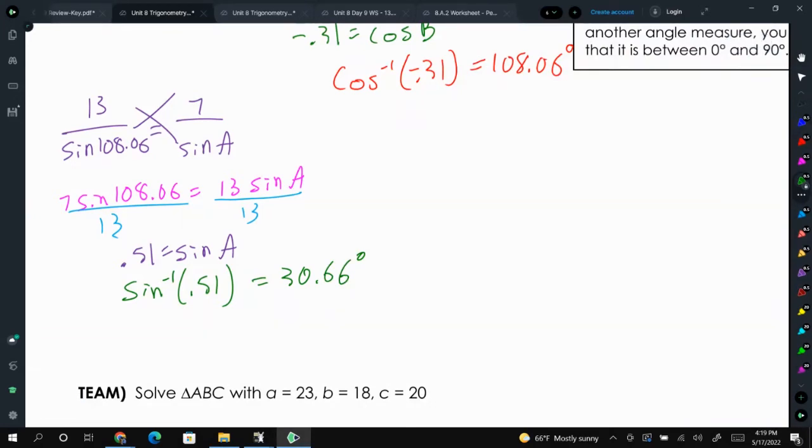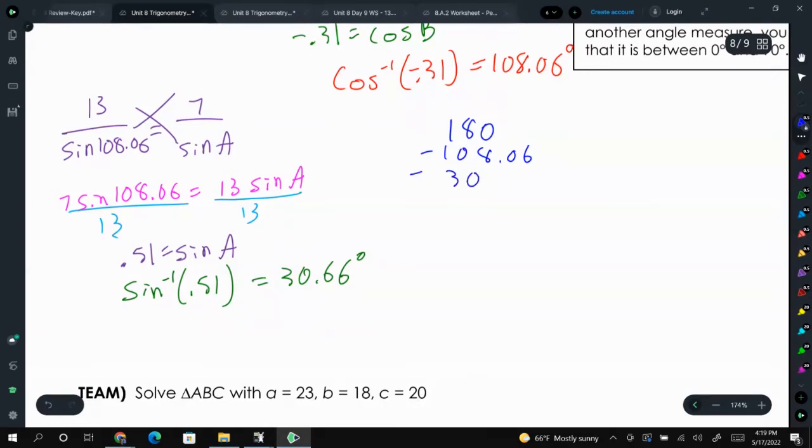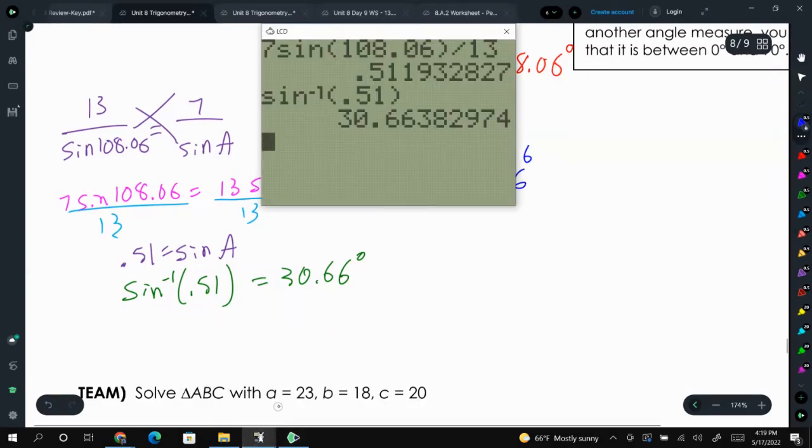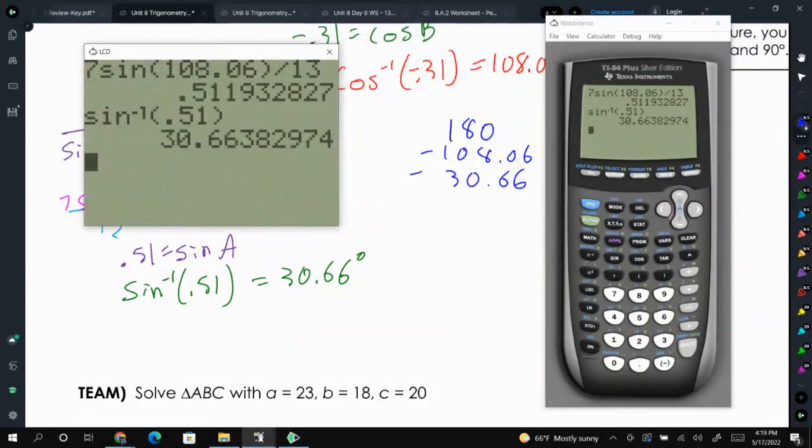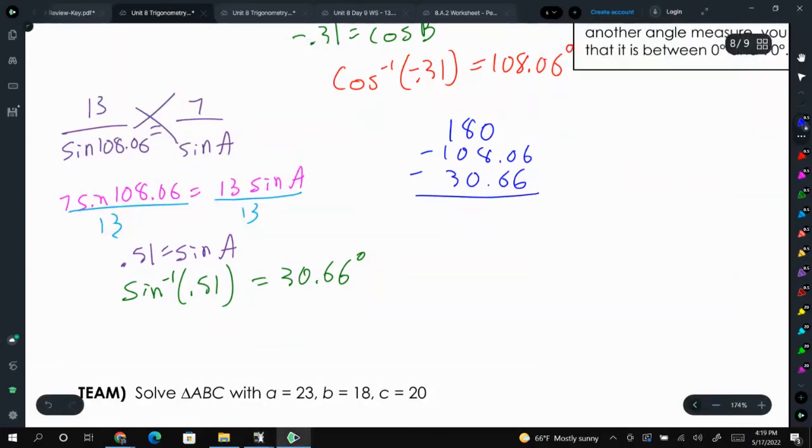All right, now that we have two angles, we can calculate the third one. So 180 minus 108.06 minus 30.66. That will give us our remaining angle. So 180 minus 108.06 minus 30.66, and we get 41.28.